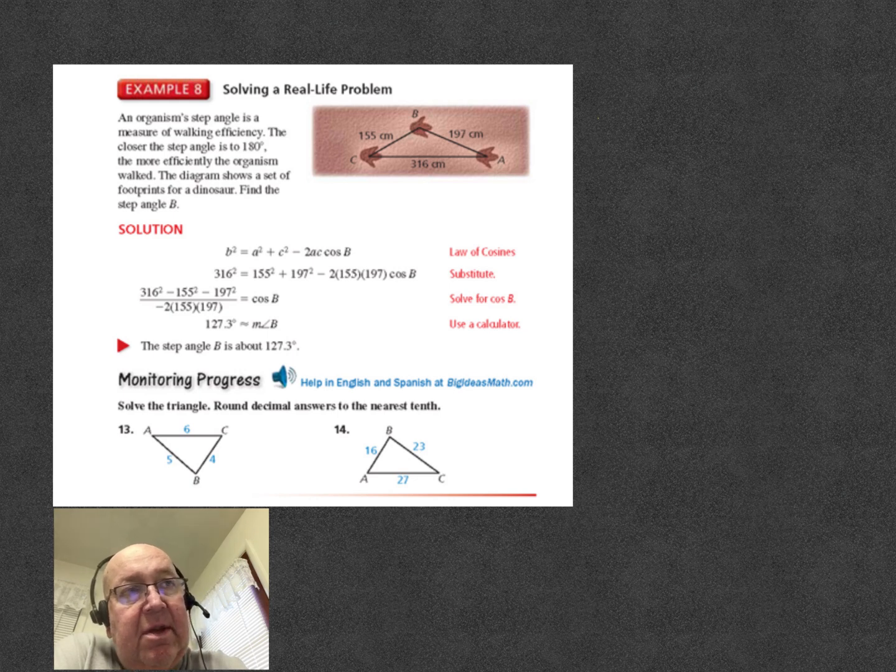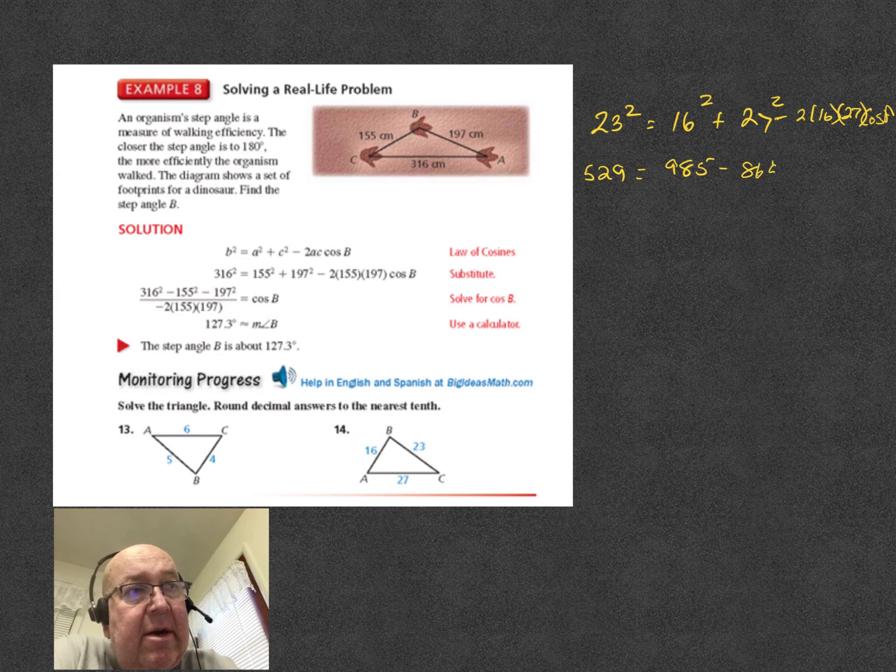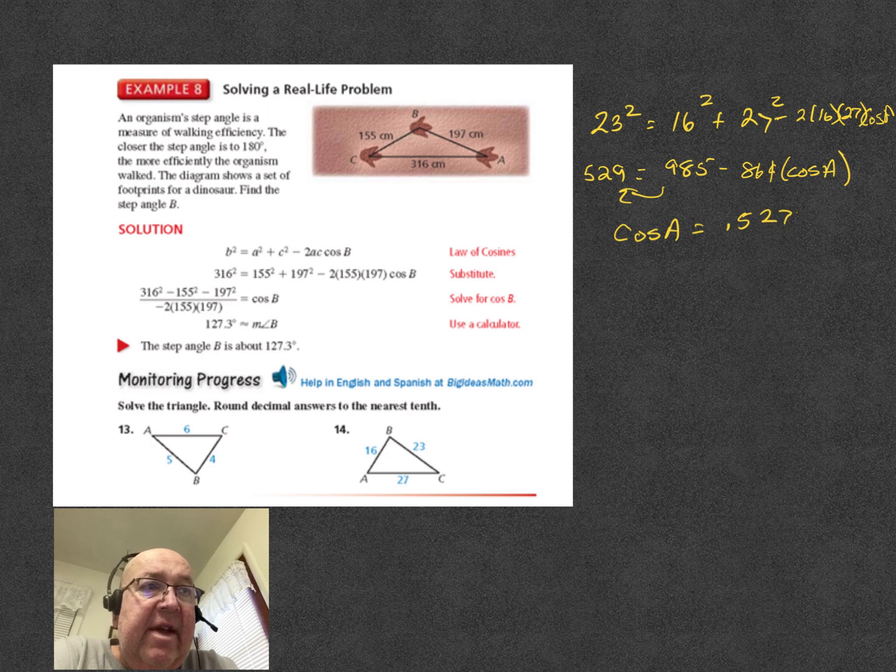I'm going to use A squared, which is 23 squared, is equal to 16 squared, which is C squared, plus 27 squared, which is B squared, minus 2 times 16 times 27 times cosine A. Putting those numbers in, I'm going to get 529 is equal to 985 minus 864 times cosine A. Subtract the 985 and then divide by negative 864, and I have cosine A is equal to 0.52777.